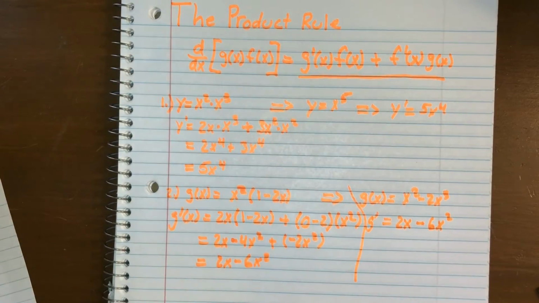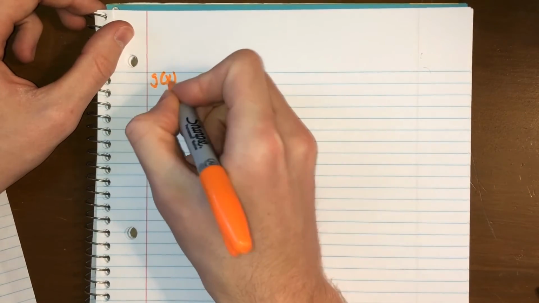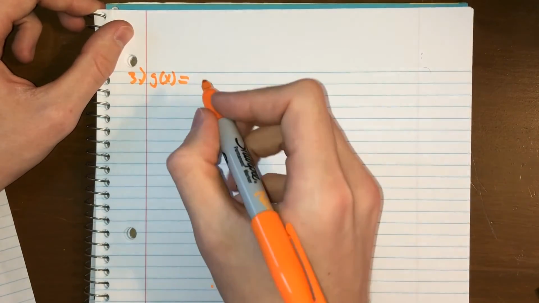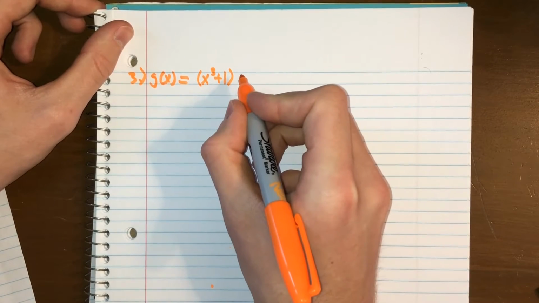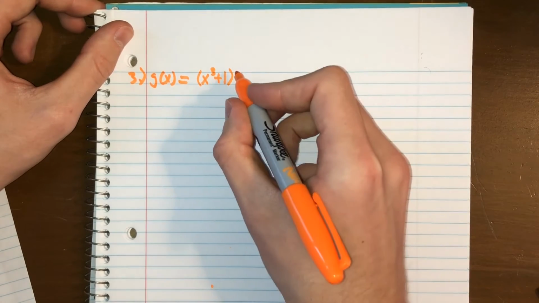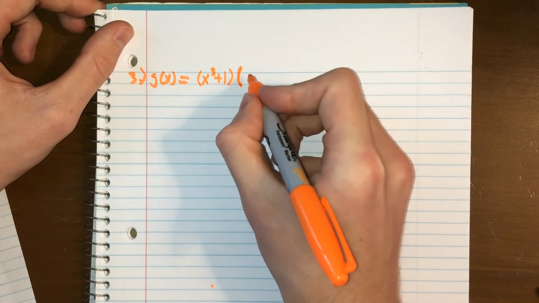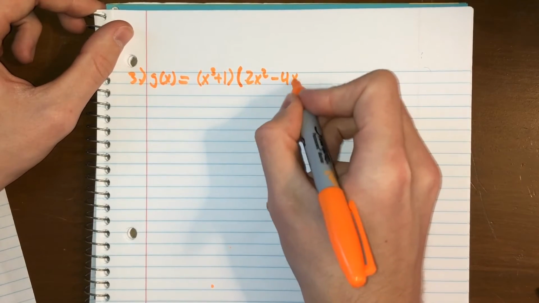So now we'll move on to something a little more challenging, where this is actually very helpful. So if you have an equation like g of x is equal to x cubed plus 1 times 2x squared minus 4x minus 1.